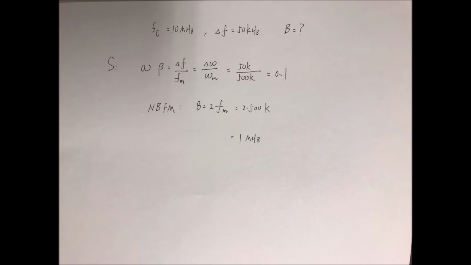My bandwidth will be 2 times my signal's frequency, so 2 times 500 is 1 kilohertz. So the bandwidth is only related to your signal's frequency for narrowband FM. So this is part A.